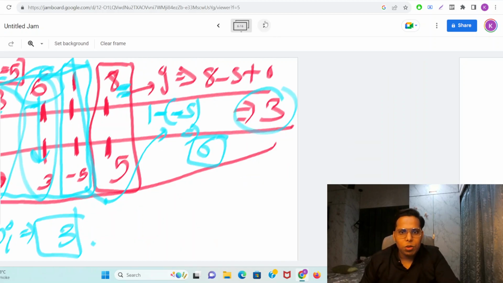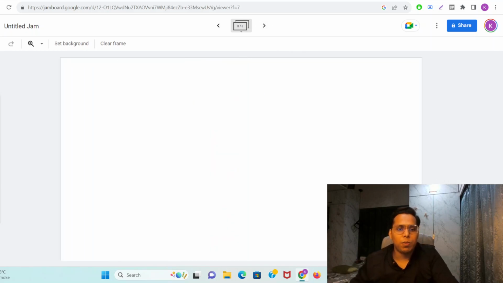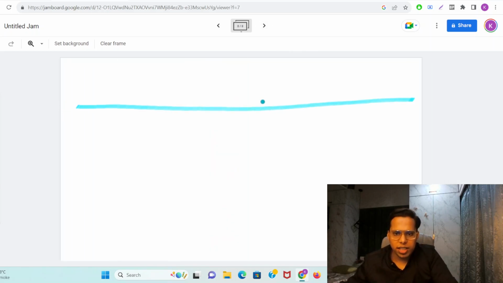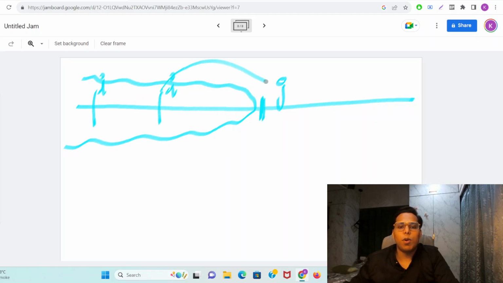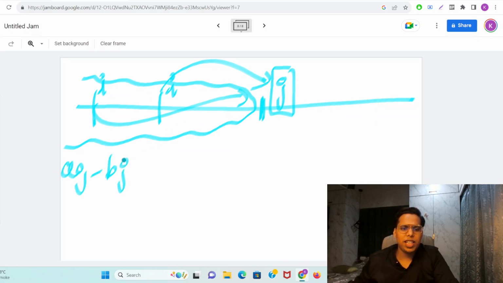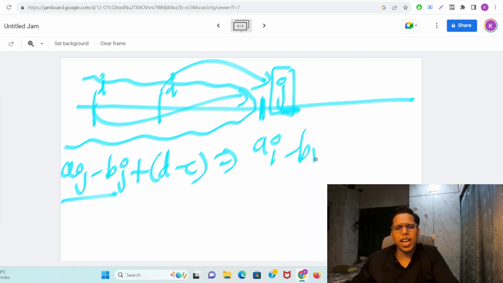Okay, guys. So to deeply understand what is happening in the problem, you consider that you are at a particular index J. You are on a mission to find how many I are there which can bond with you. So how do you do that? You calculate the equation. Whenever you're at index J, AJ minus BJ plus D minus C should be equal to AI minus BI.